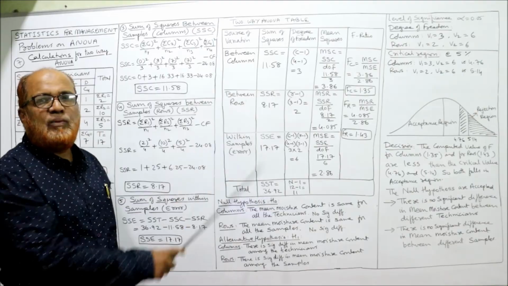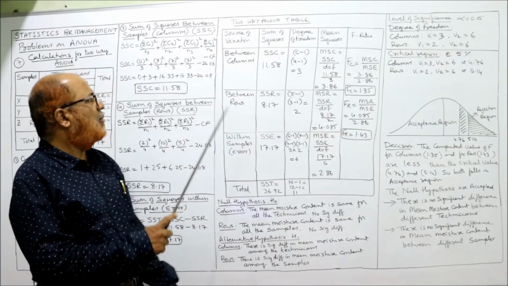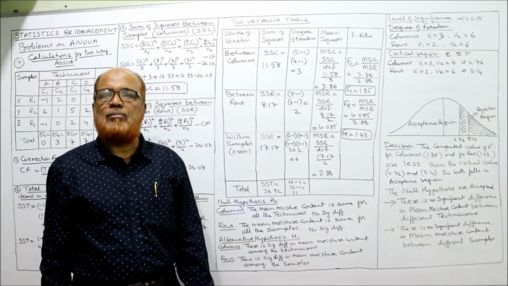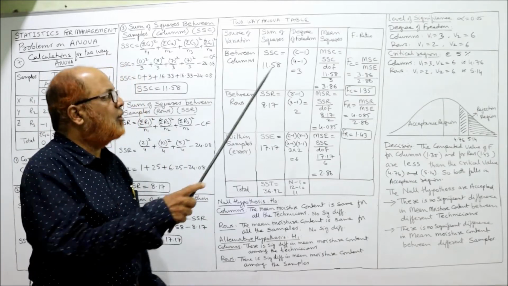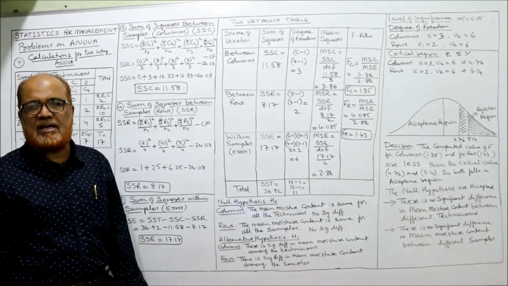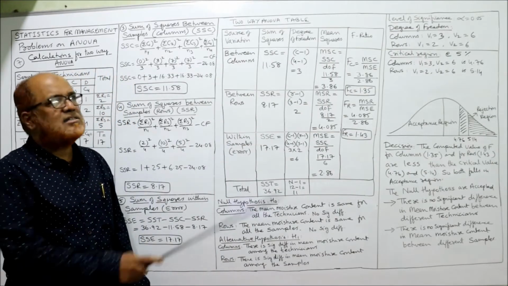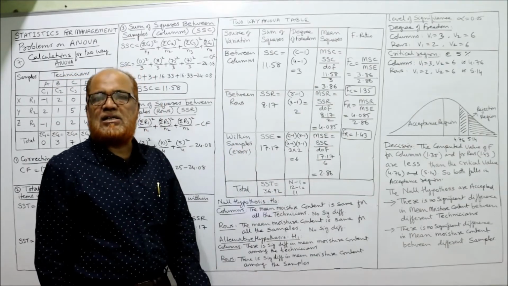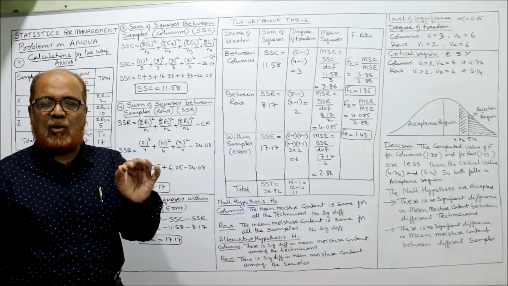Sum of squares between columns, SSC, is 11.58. Degree of freedom is C minus 1. We have 4 columns, 4 minus 1 is 3. MSC, mean sum of squares in columns, is SSC by degree of freedom, 11.58 by 3, which is 3.86. One row over.